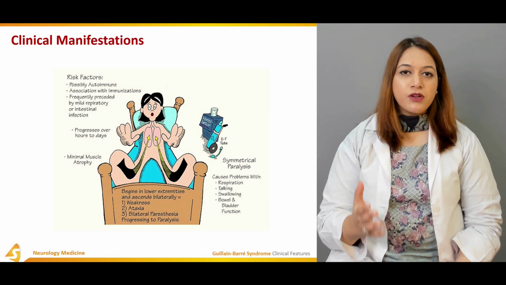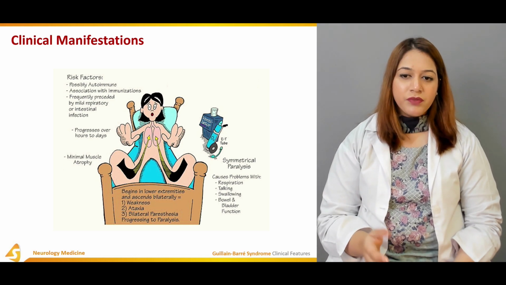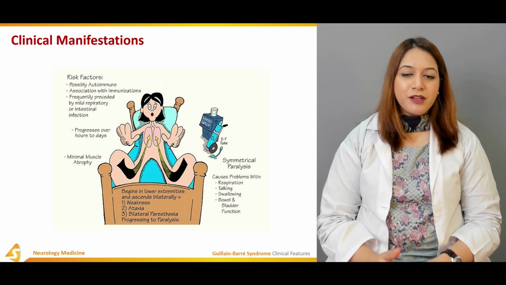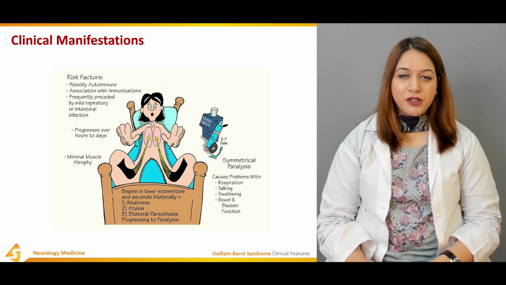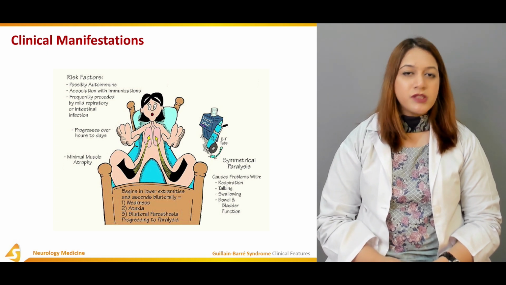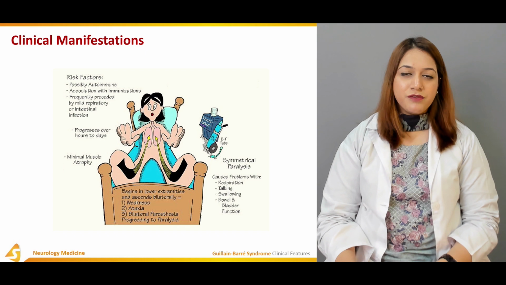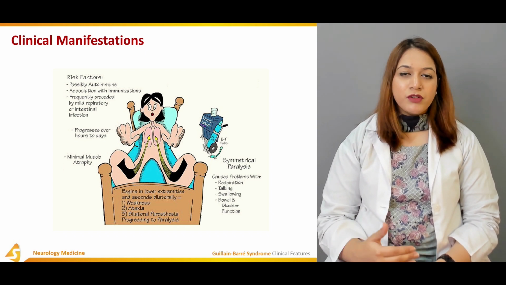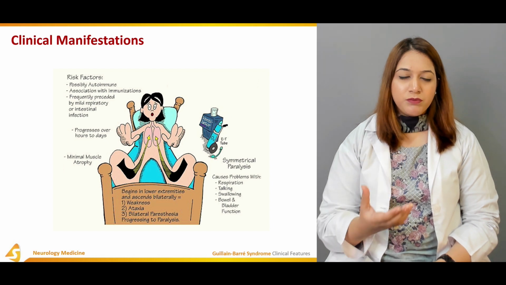The paralysis is always symmetrical, and due to this progressing paralysis, there can be certain problems associated with it, such as if the paralysis reaches the respiratory muscles, the patient might have difficulty breathing. They might have difficulty talking if it involves the muscles of the tongue.